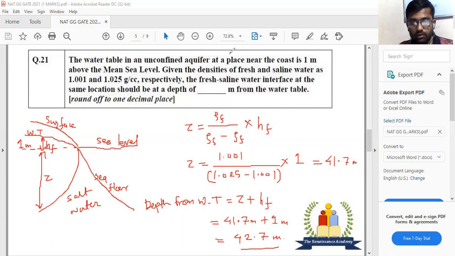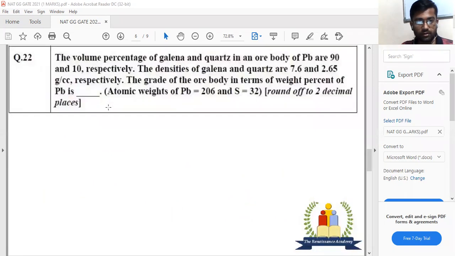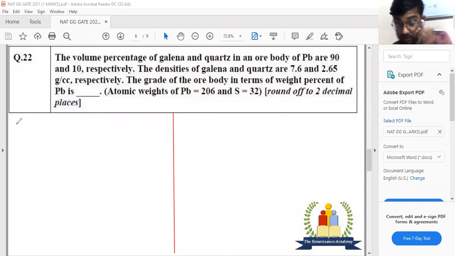Then moving on, next question. The volume percentage of galena and quartz in an ore body of PB are 90 and 10 respectively.